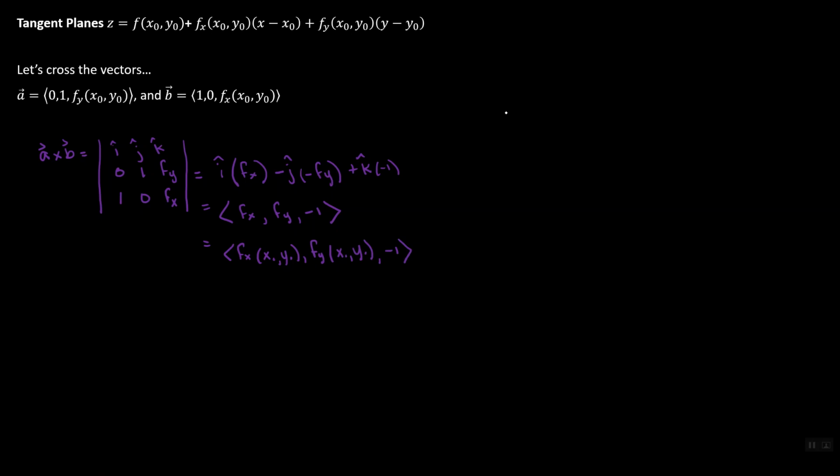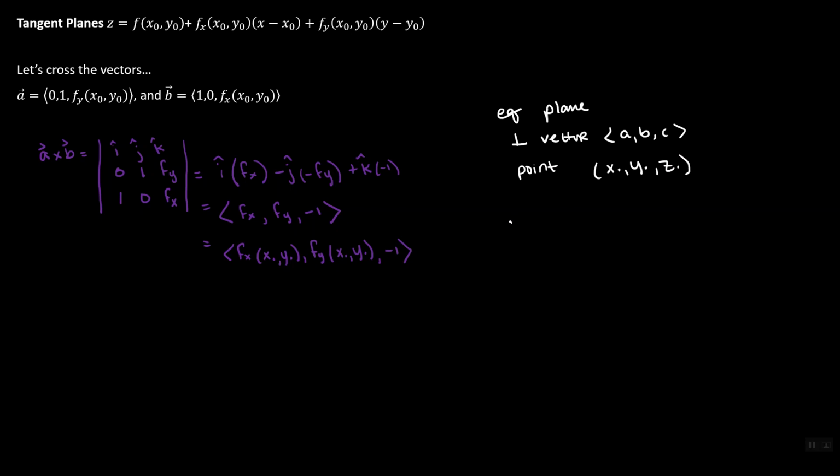Now let's remember the equation of a plane. It needs a perpendicular vector like A, B, C, and then it needs a point on the plane like x0, y0, z0.